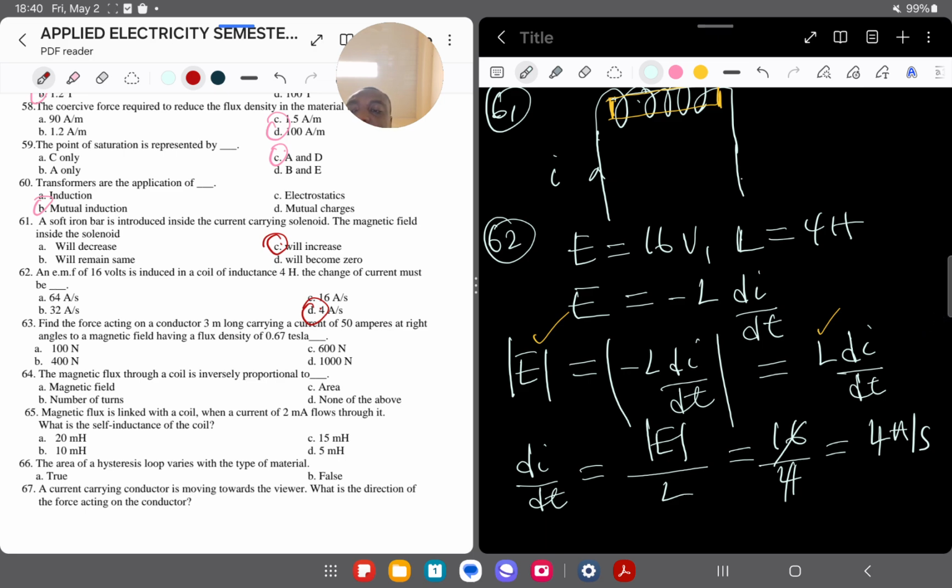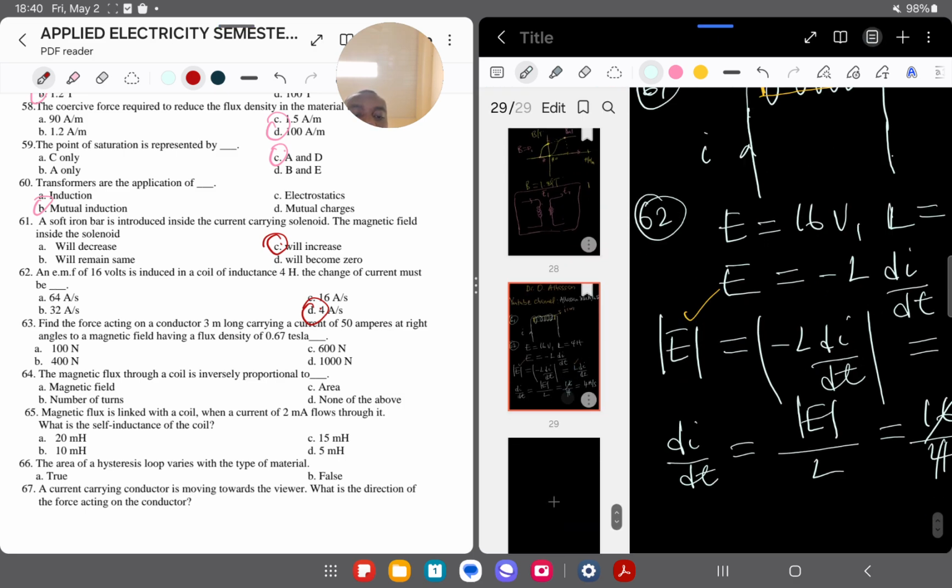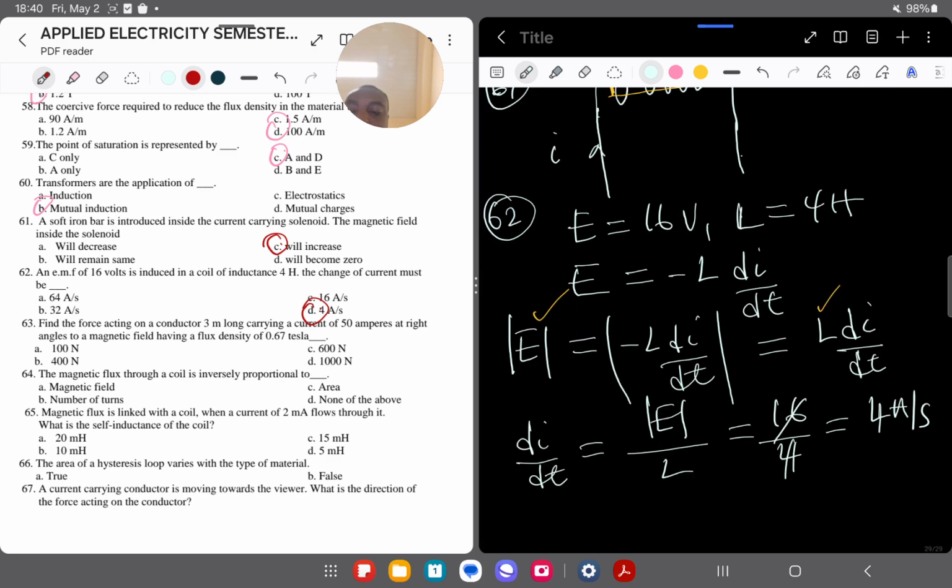Now moving to question 63. Find the force acting on a conductor 3 meters long, carrying a current of 50 amps at right angles to a magnetic field having a flux density of 0.67 Tesla.